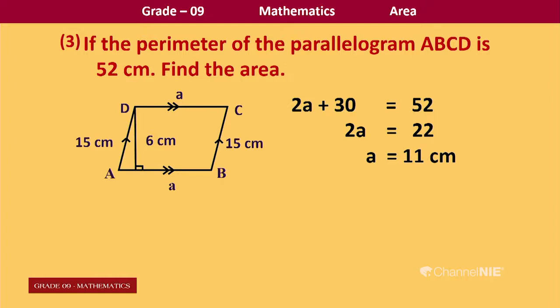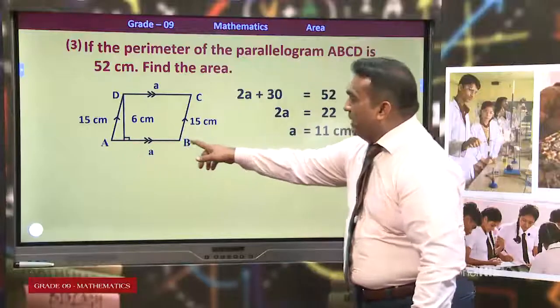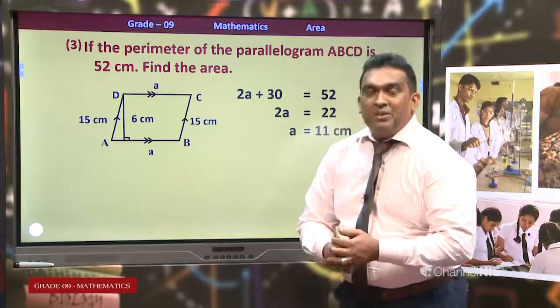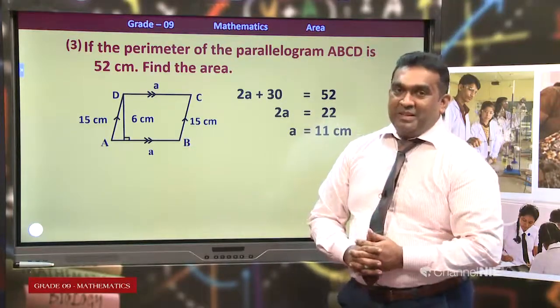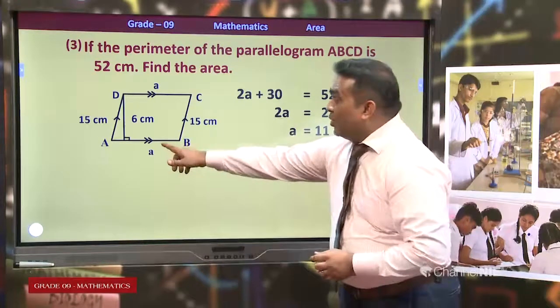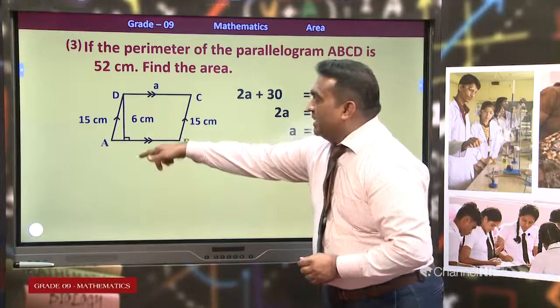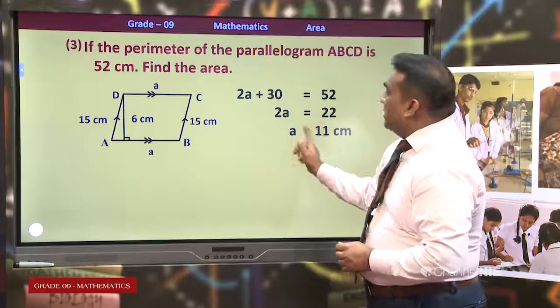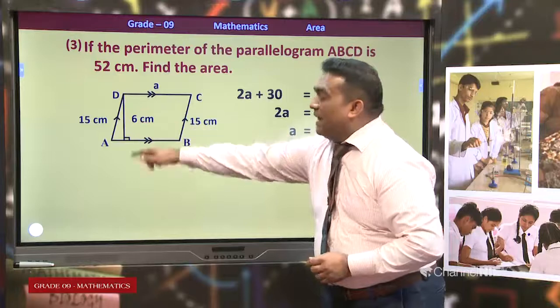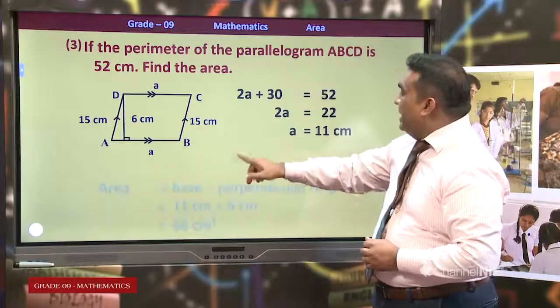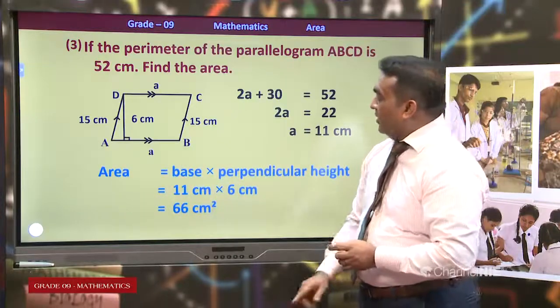What is A? Length of AB. What is AB? AB is the base of the parallelogram. Now you know the base and the perpendicular height. Base is 11 centimeter, perpendicular height is 6 centimeter. Now we want to find the area of the parallelogram.